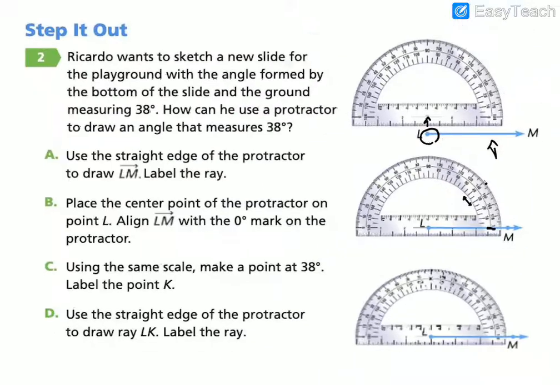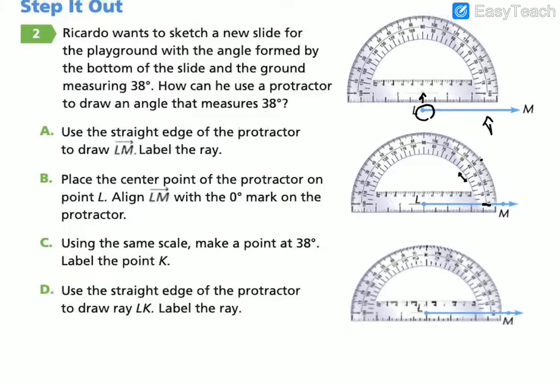All right, in order to now make our ray and we're labeling this point K, we need to now draw a straight line from point K to our vertex L. And because this is a ray, we do need to have our arrow at the end.